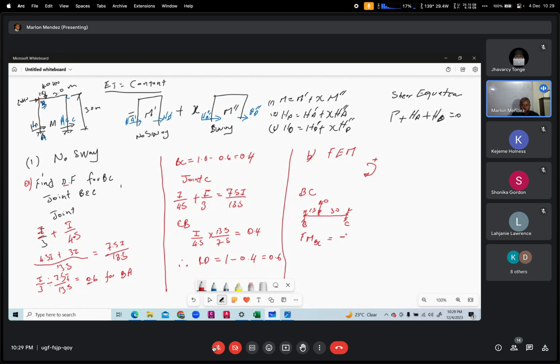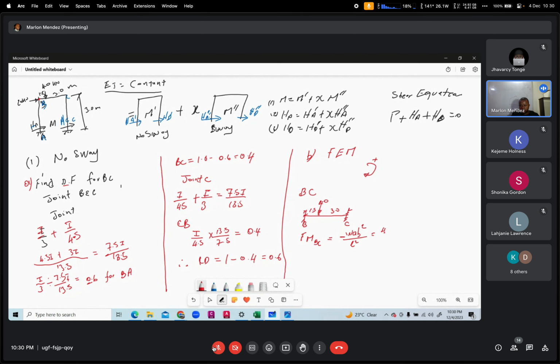So this becomes minus, and we understand why: we're moving from B. So this is a b squared over L squared.